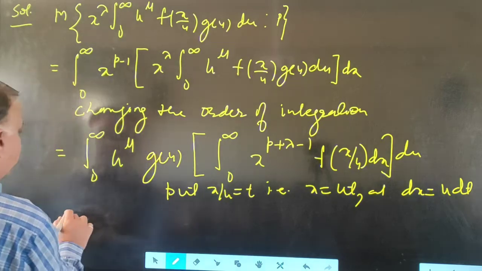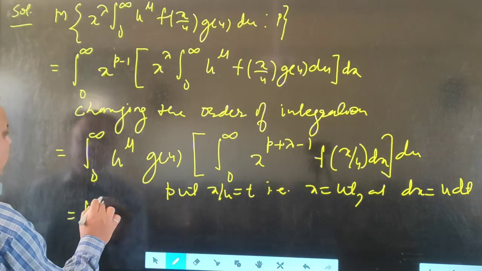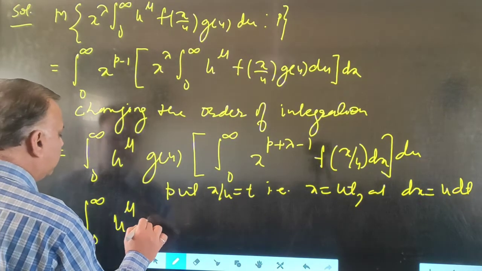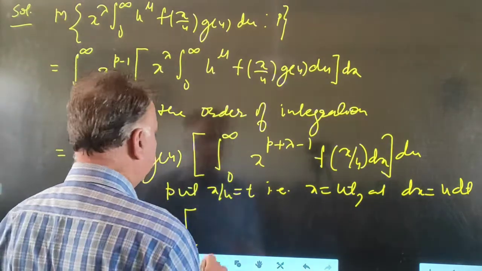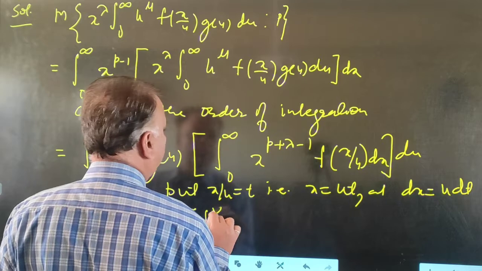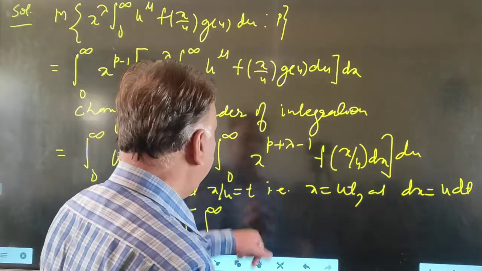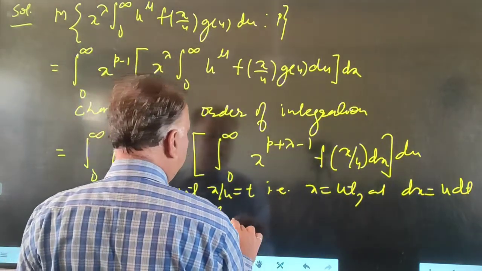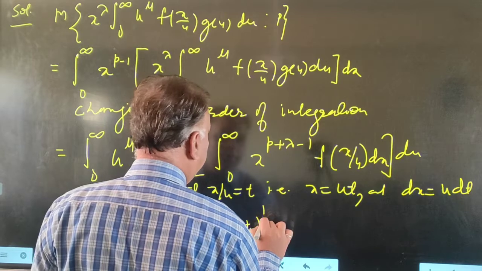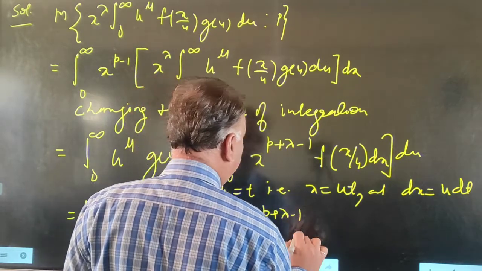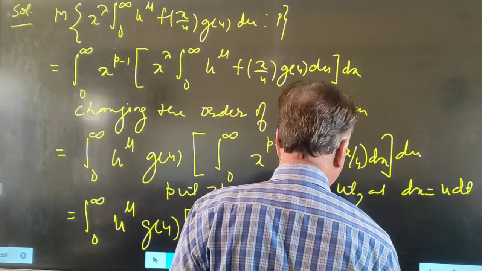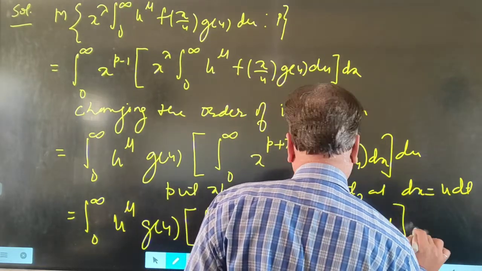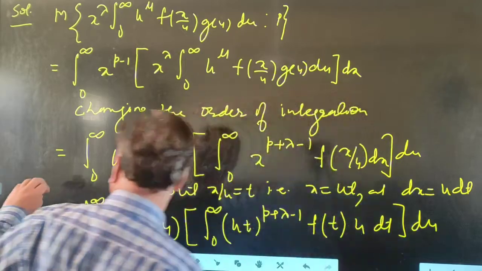Then we get integral 0 to infinity u raised to mu g of u, and the limits are the same, integral 0 to infinity of x, that is ut, raised to p plus lambda minus 1 f of x upon u, that is f of t, dx, that is u dt, and then with respect to u.